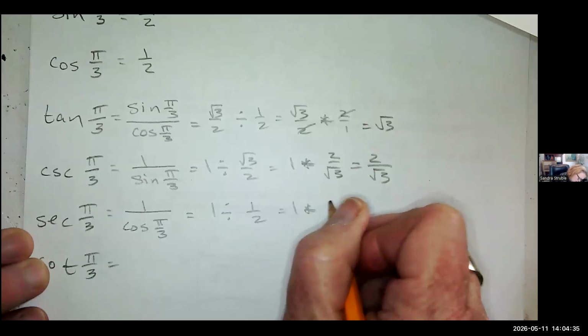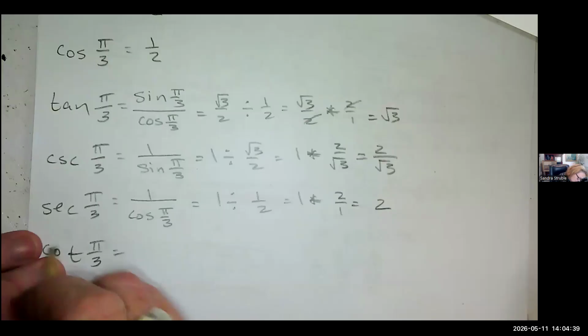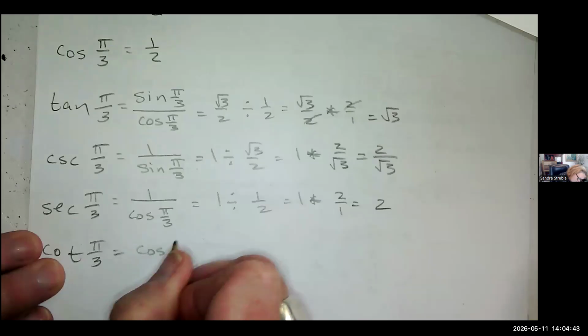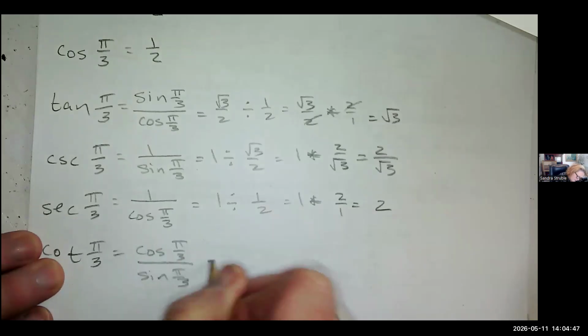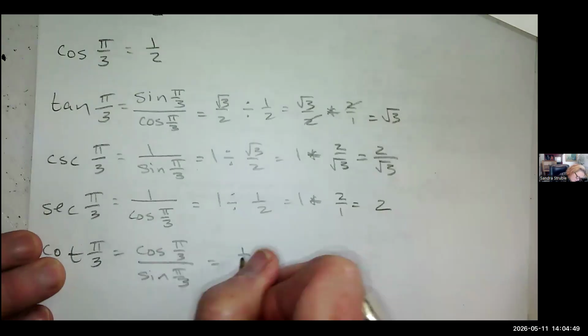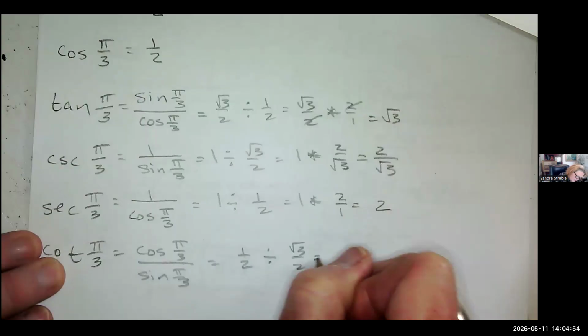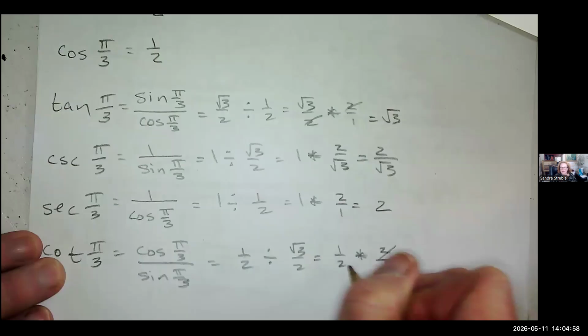And cotangent is, I'm not going to use the tangent because what if I got it wrong? Cotangent is sine, I'm sorry, is cosine over sine. Cosine is 1/2 divided by square root of 3 over 2. Keep, switch, reciprocal. All right, this is what I wanted to see first.